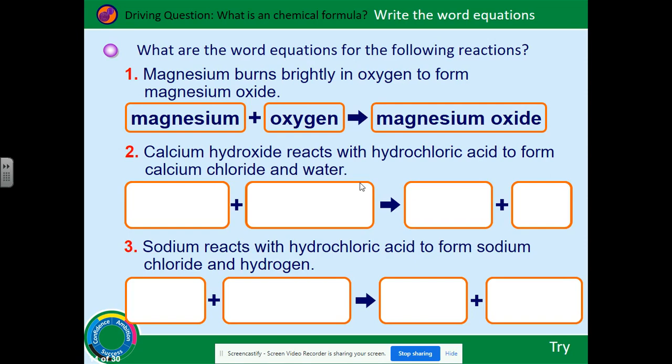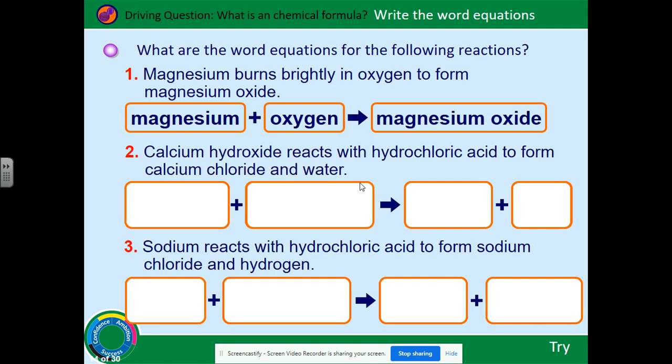Number 2, calcium hydroxide reacts with hydrochloric acid to form calcium chloride and water. As you can see, in some chemical reactions, we will have more than one product. So in questions 2 and 3, we will have 2 products. Again, number 2, calcium hydroxide reacts with hydrochloric acid to form calcium chloride and water.